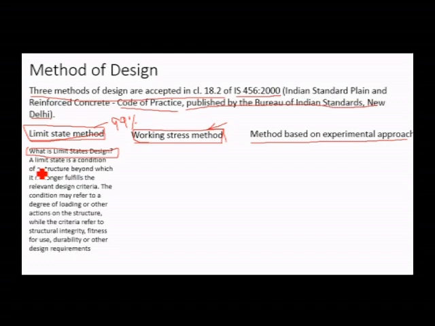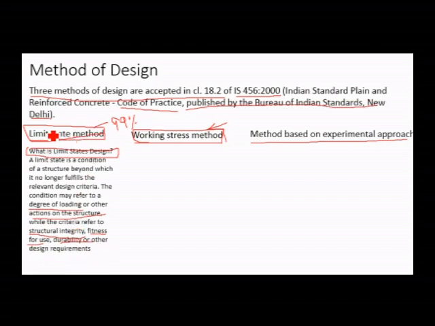A limit state is a condition of a structure beyond which it no longer fulfills the relevant design criteria. The condition may refer to the degree of loading or the action on the structure, while criteria refer to structural integrity, fitness for use, that is serviceability, and durability or other design requirements.